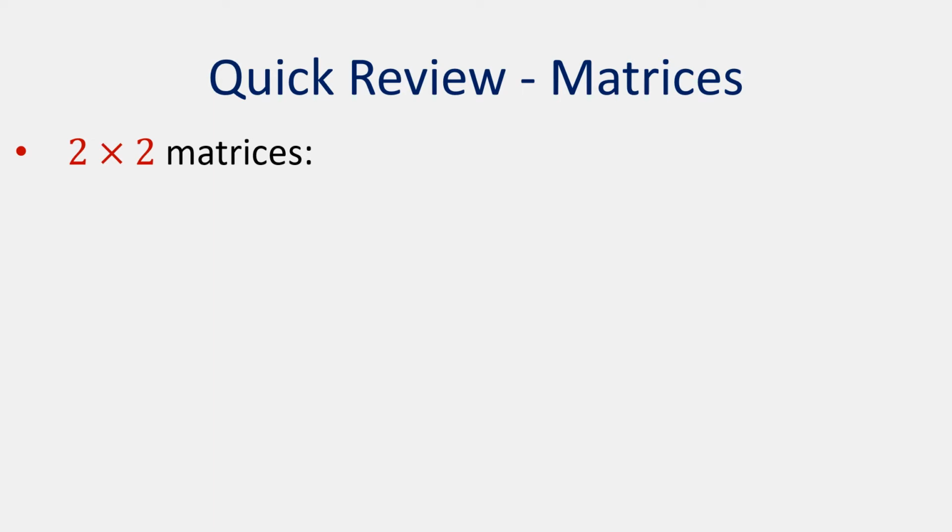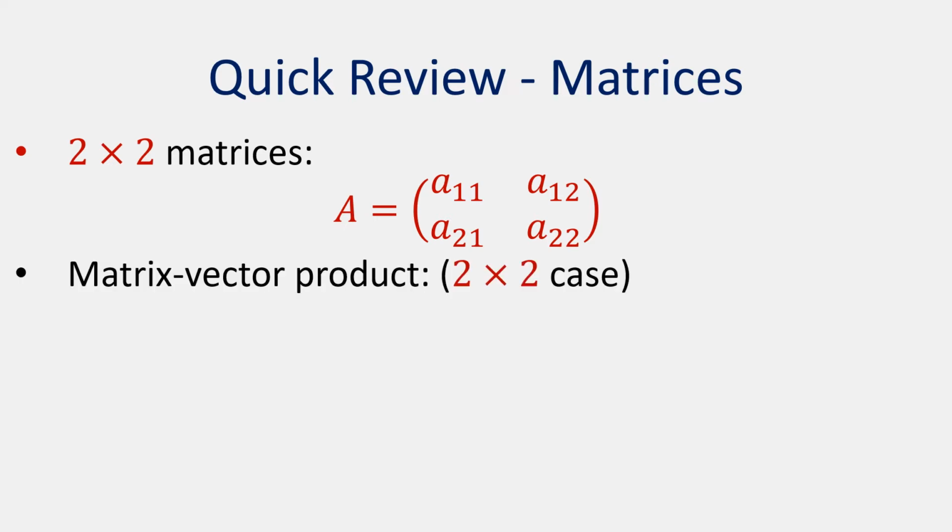So we have 2 by 2 matrices, which I'll typically describe in this form. We have entries in the first row. We index the entries in a matrix by first of all giving the row and secondly giving the column. So for a 2 by 2 matrix, we have these 4 numerical entries.